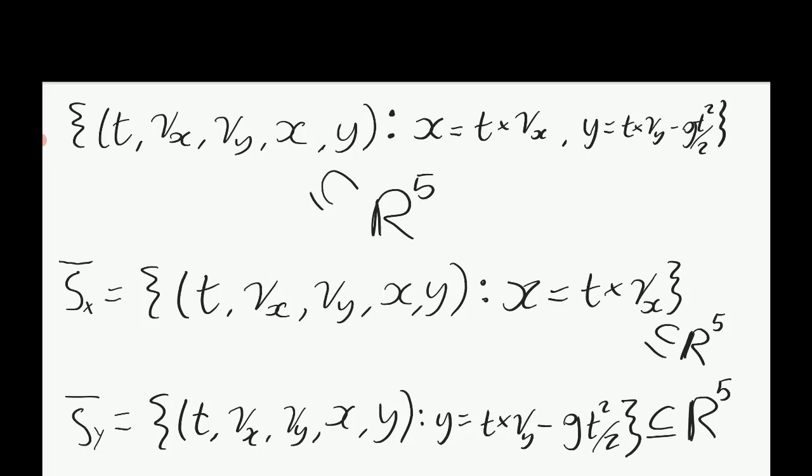And this is a three-dimensional hypersurface in five-dimensional space, which represents all the ways that our projectile can move horizontally and vertically, depending on the time and the initial horizontal and vertical velocities.